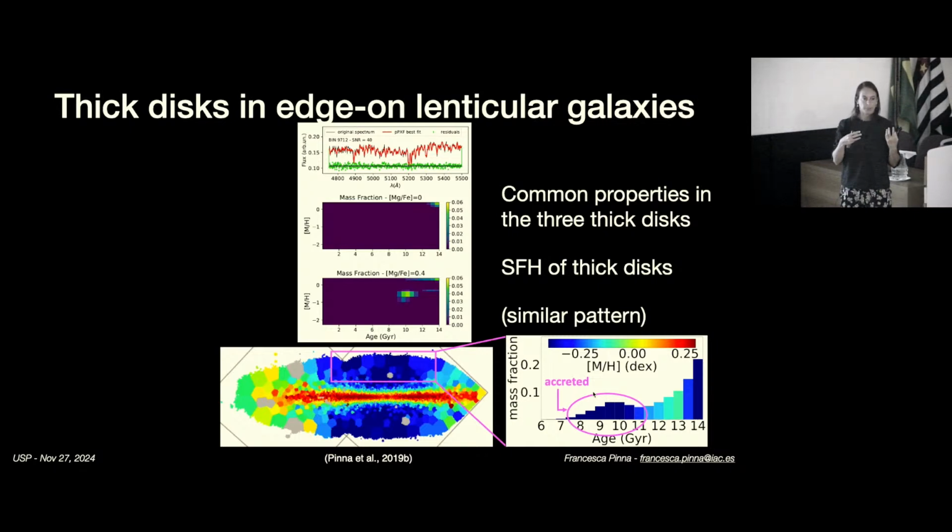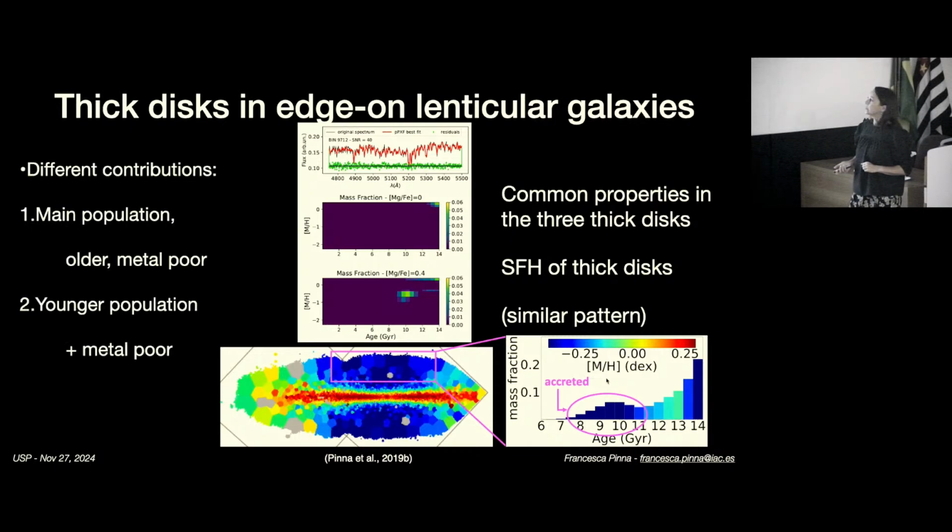You probably know that because of the mass metallicity relation, we form stars that have lower metallicities in galaxies that have lower masses. So the way to explain that we have, for similar ages, lower metallicities is to think that they were formed in lower mass satellites, more than one satellite, and they were later accreted.